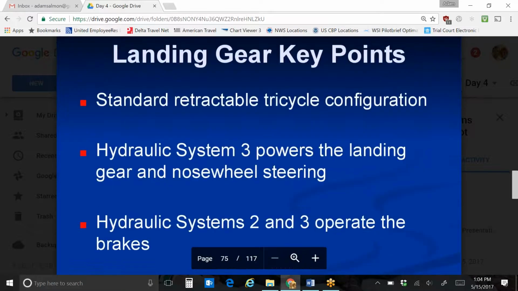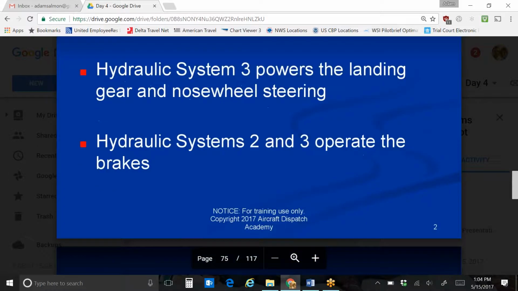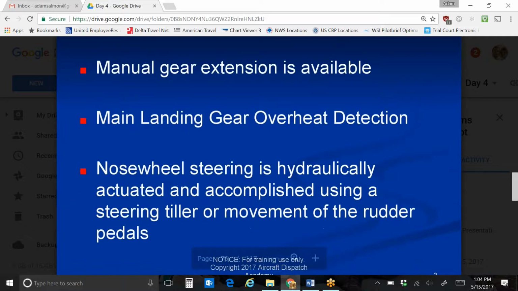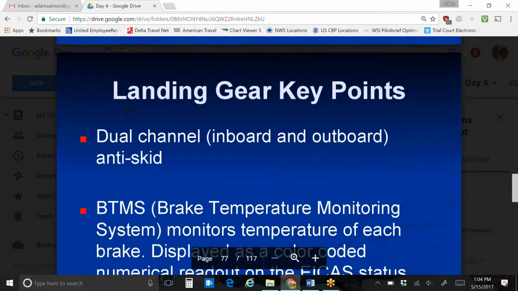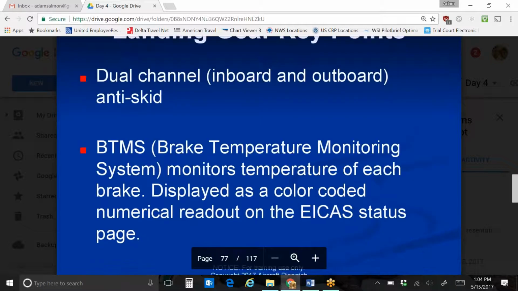The landing gear, I want you to be able to tell me which hydraulic system powers the landing gear, which hydraulic system operates the brakes. Be able to tell me what the BTMS is.